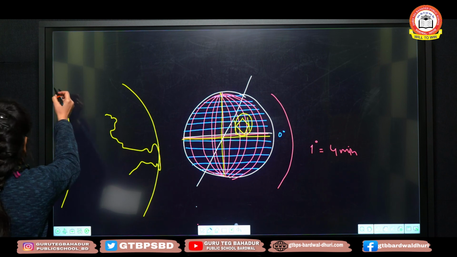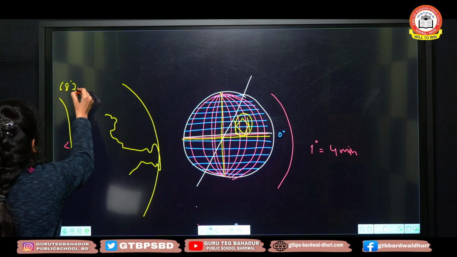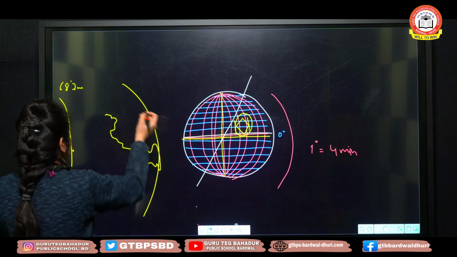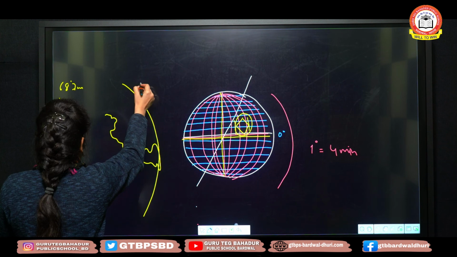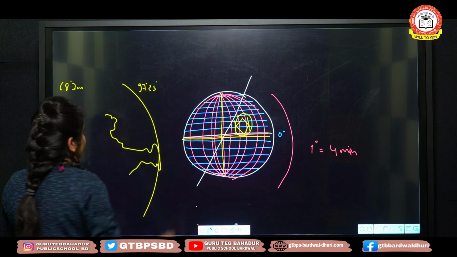This one is measured at 68 degree 7 minutes, and here it is 97 degree 25 minutes.